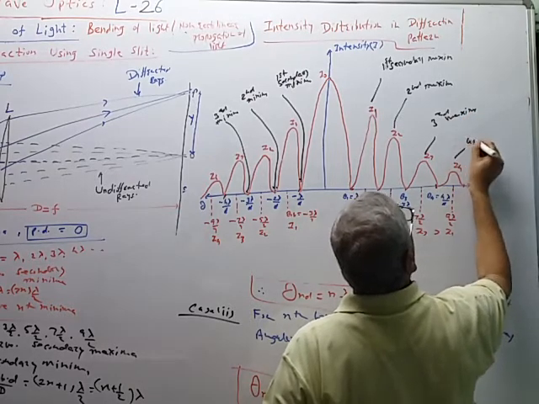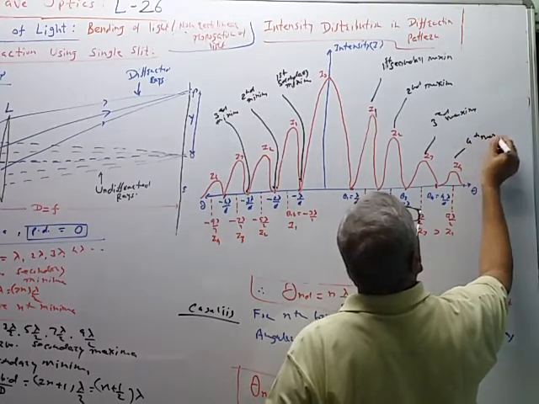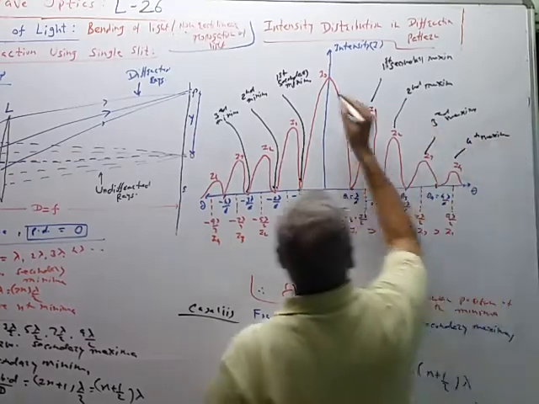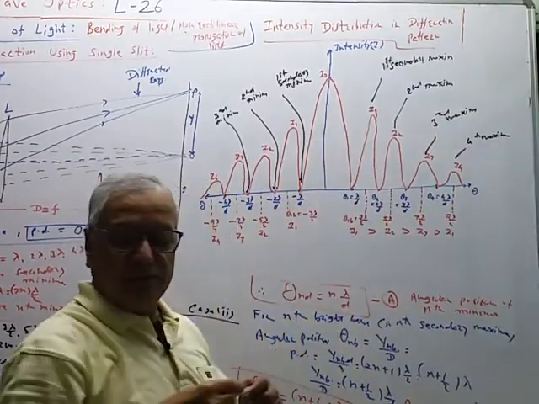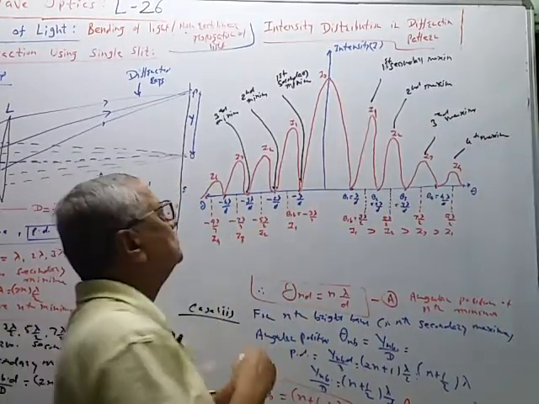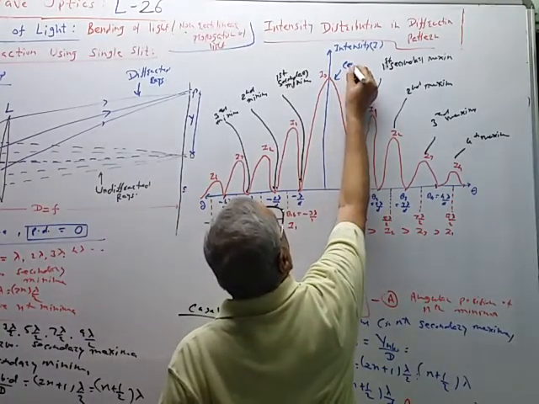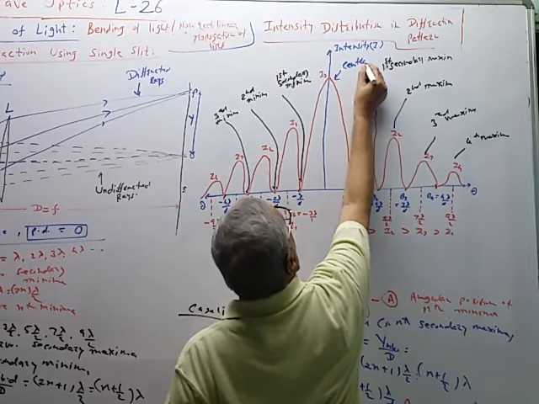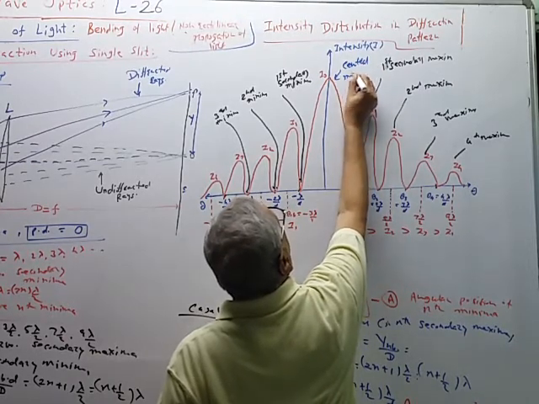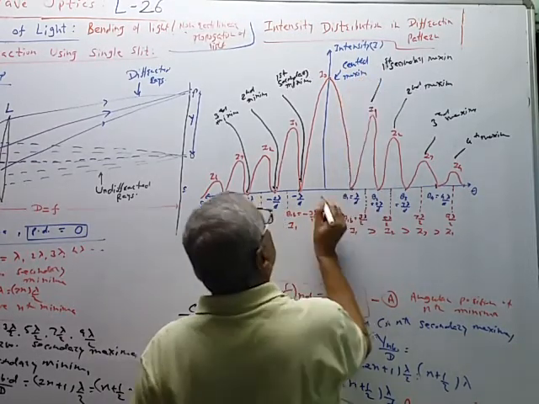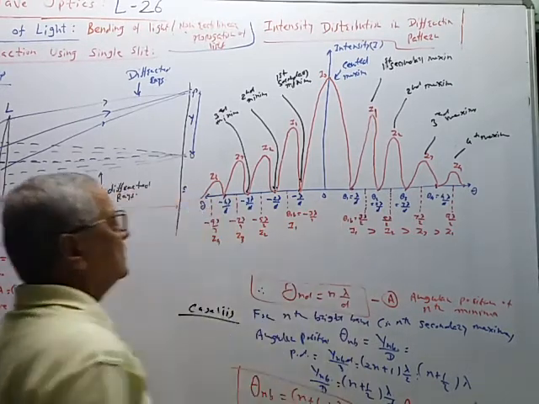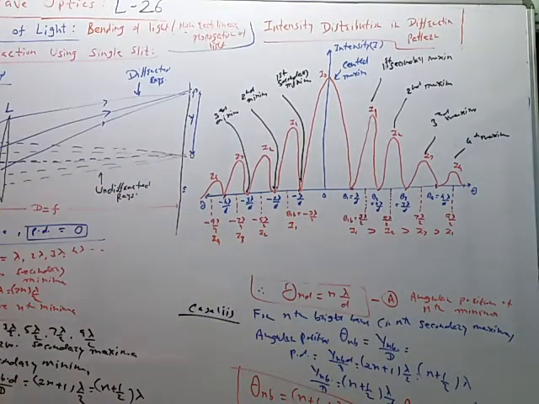This is the fourth maximum. The graph is symmetric, and this is the central maximum. Like this. So this is the intensity distribution graph, like this.